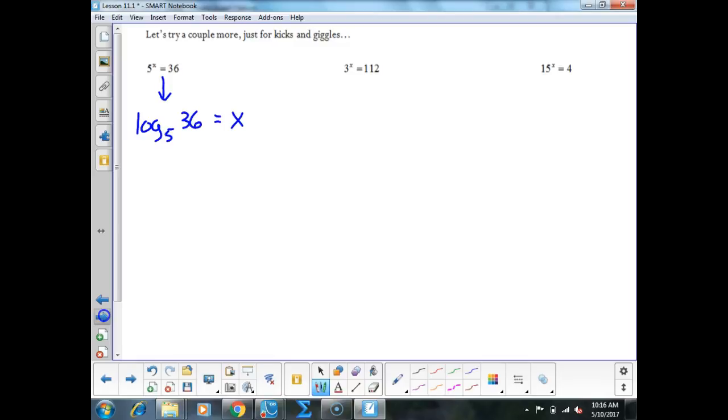So this would either be log of 36 divided by log of 5, or natural log of 36 divided by natural log of 5. And in either case, I get x equals 2.227.